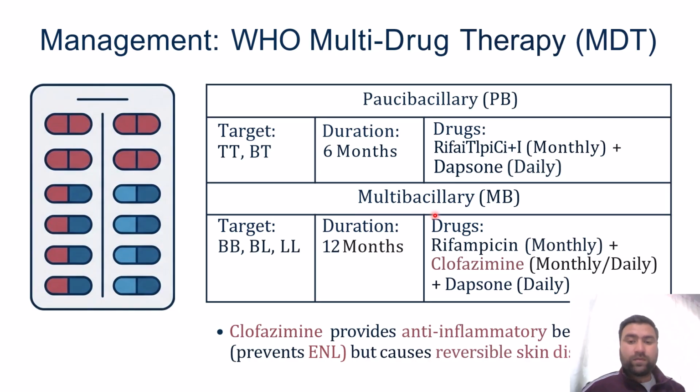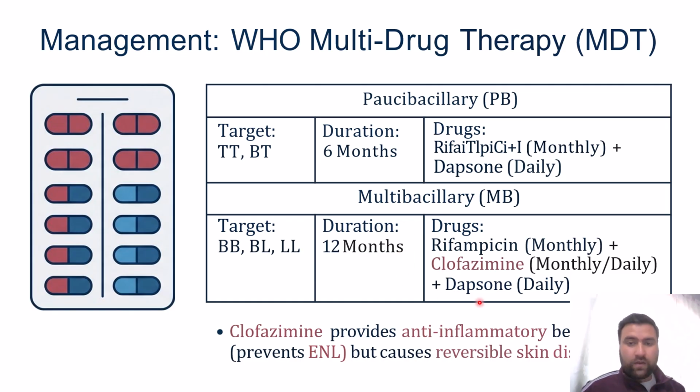While if there is multibacillary leprosy, then you will give rifampicin, clofazimine, and dapsone. These three drugs for 12 months. So for paucibacillary only two drugs, rifampicin and dapsone for 6 months. While in case of multibacillary leprosy, you will give 12 months therapy with rifampicin, clofazimine, and dapsone.